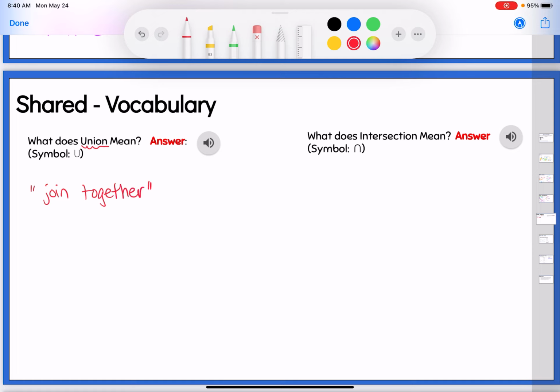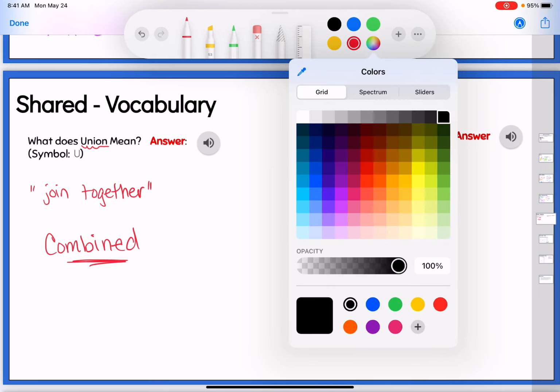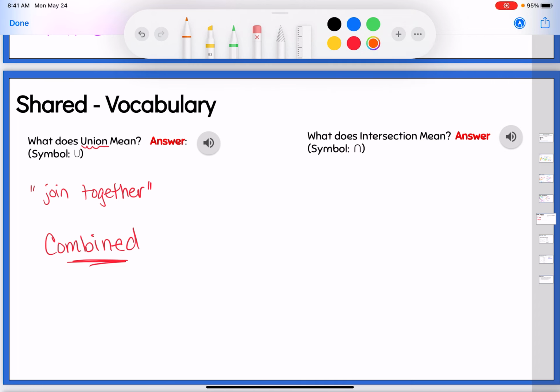Or you could say, what do they have combined? That's the big idea. Unions will mean, what do they have combined? Intersection is like where they cross, right? So intersection really means where do they overlap?